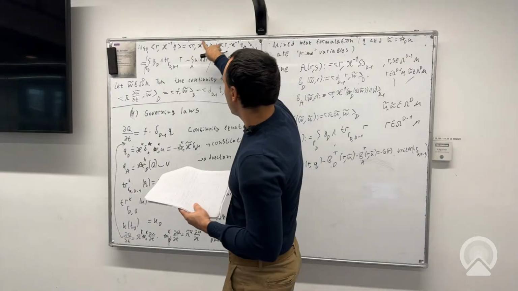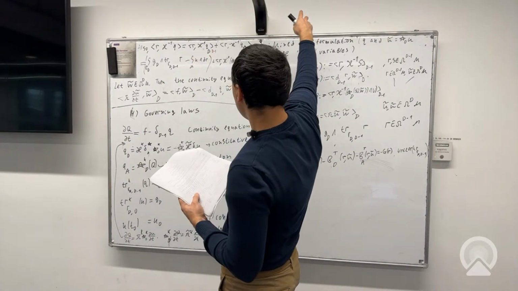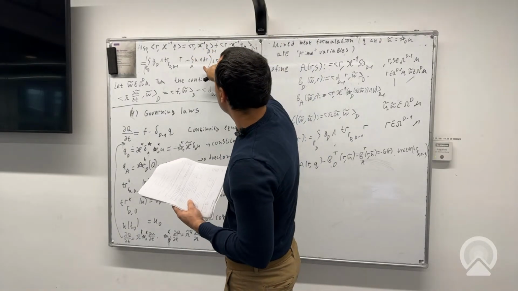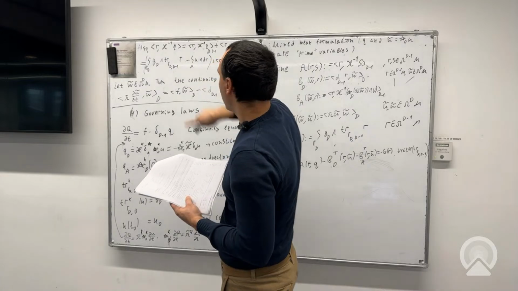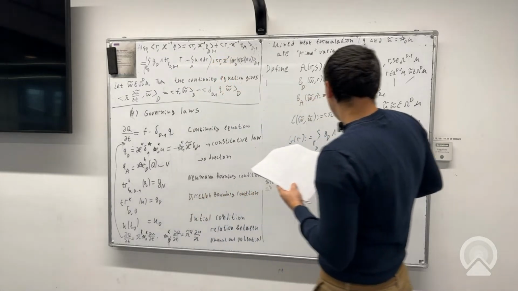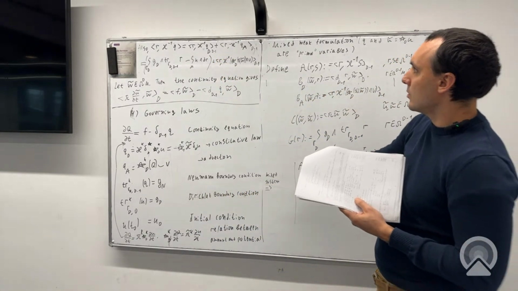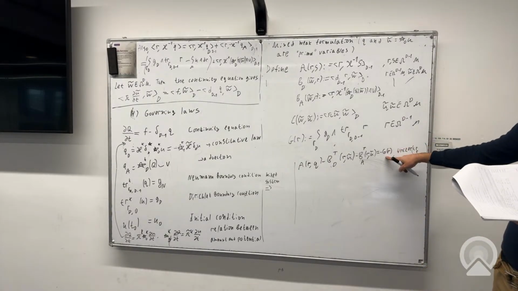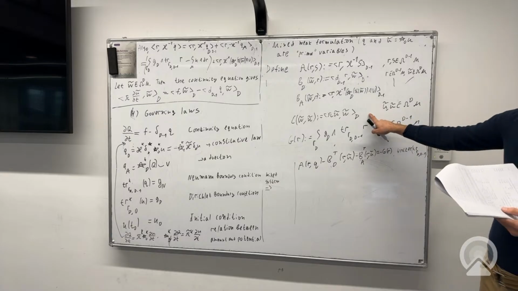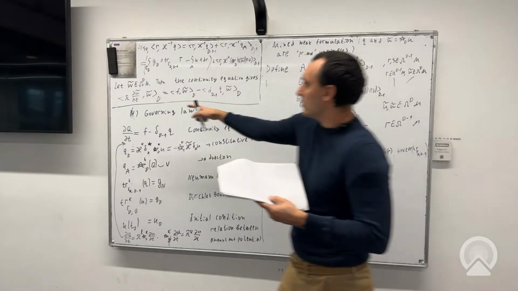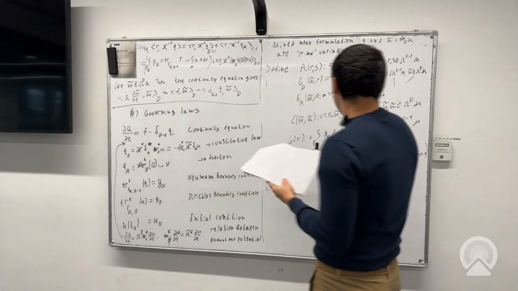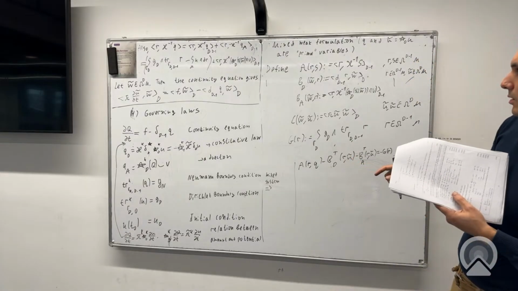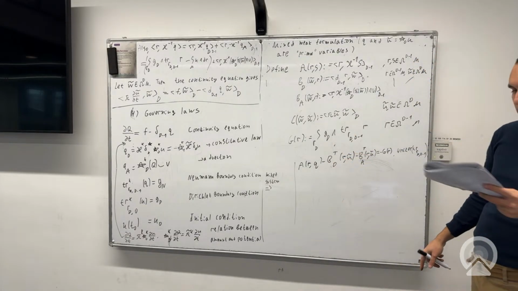This equation, I deleted it maybe. No, this is this equation here. So the C one is that equation. Over there is partial U tilde, yeah, because I will take a derivative.